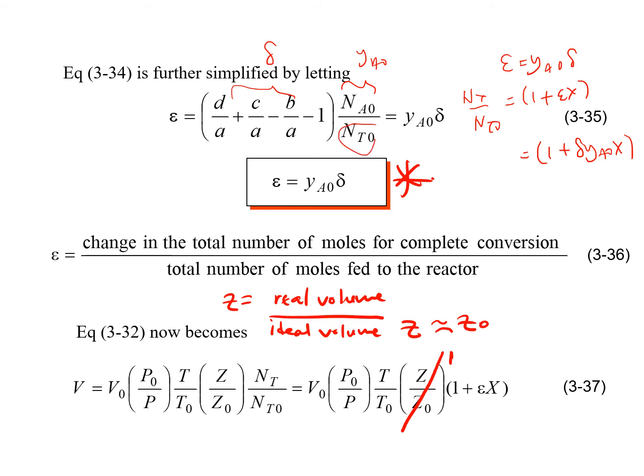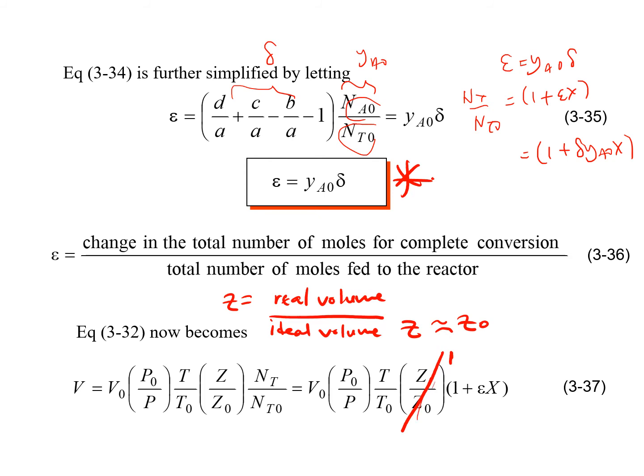For equation 3-32, it can be simplified because we assume Z is approximately equal to Z0, the real volume over the ideal volume. So this can be cancelled as 1.